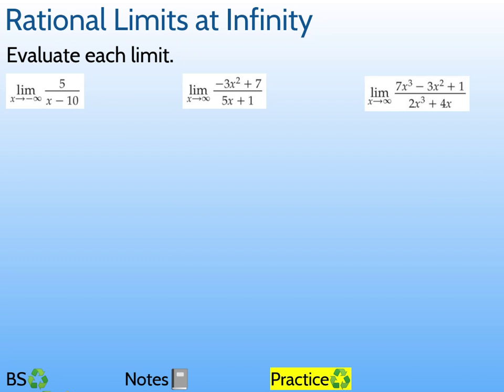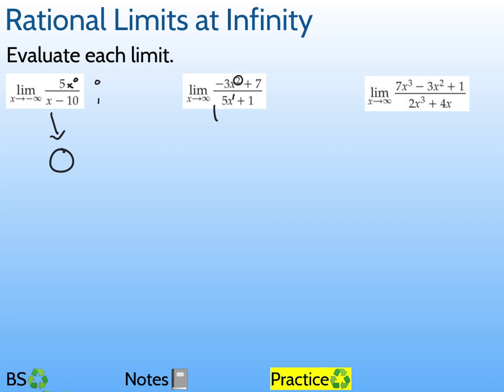Now we have three limits to solve. So, in this first one, 5, you can think of this as 5x to the 0, which means the power of the top is 0, the power of the bottom is 1. Since the power of the bottom is larger than the power of the top, this limit goes to 0. Over here, we have an x squared and an x to the first.